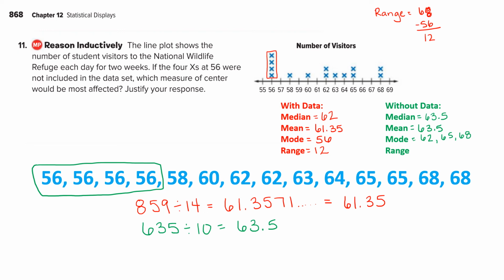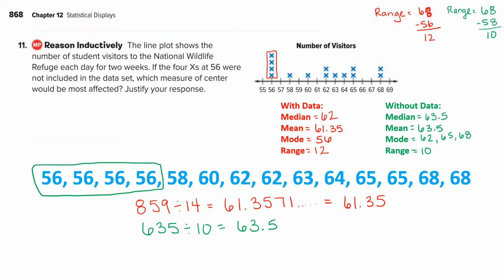Our range without the 56s would change our minimum. Our maximum is still 68, but our new minimum would be 58, which is a difference of 10.